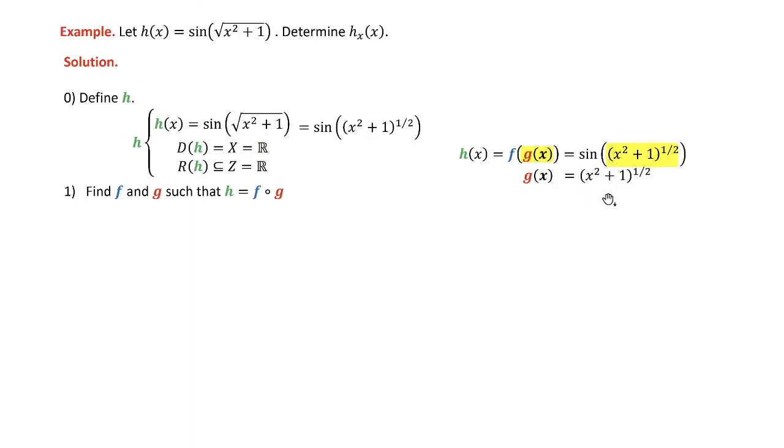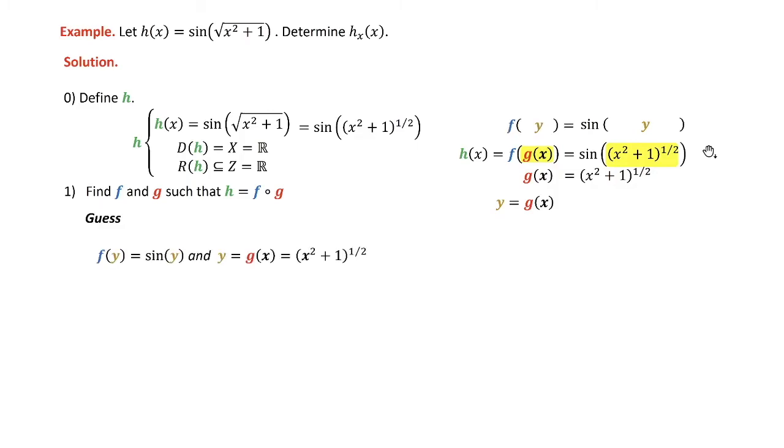You could just take it to be x squared plus 1, and you'll get exactly the same answer. So here's a case where you actually do have some flexibility. It doesn't make any difference whether you take it one way or the other. I'm just going to take it to be this. So if I take this to be my g, then I have for f(y) just sine y, right?